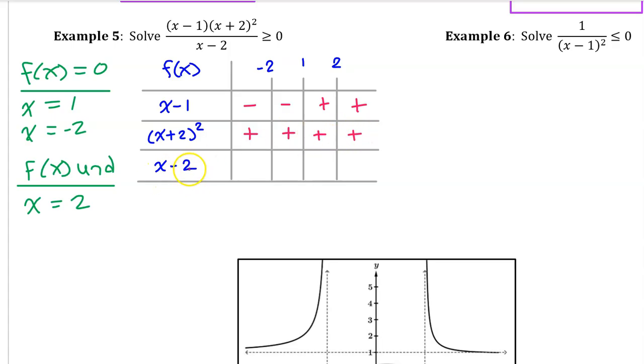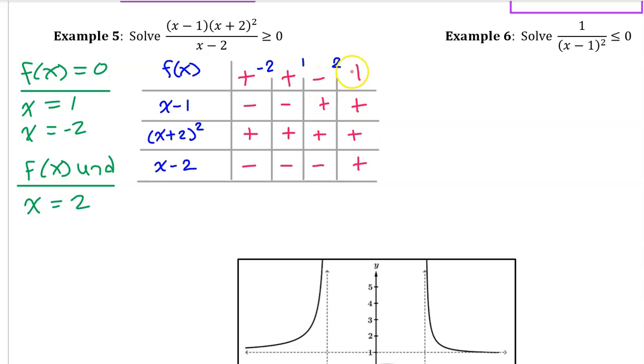X minus 2 gives us a 0 of positive 2. It will be negative to the left and positive to the right. The overall sign of f of x in the first interval will be positive because of the even number of negatives. It'll be positive in the next interval for the same reason, and negative in the next interval, and finally back to positive.